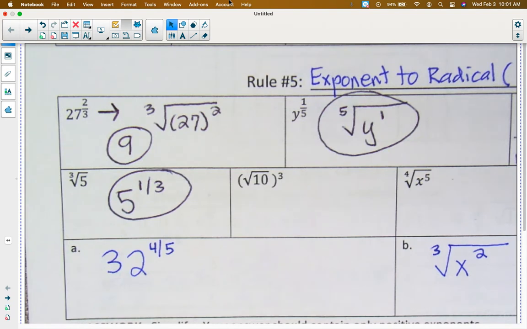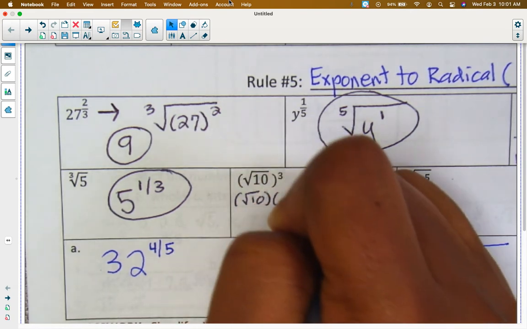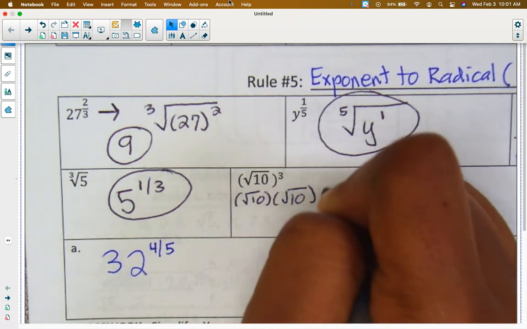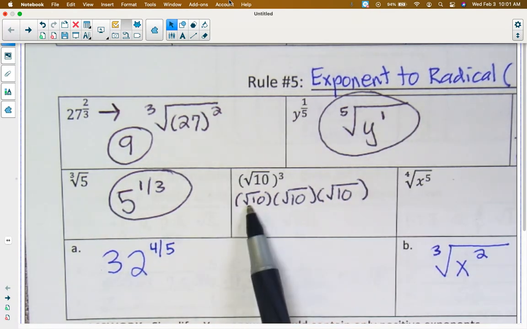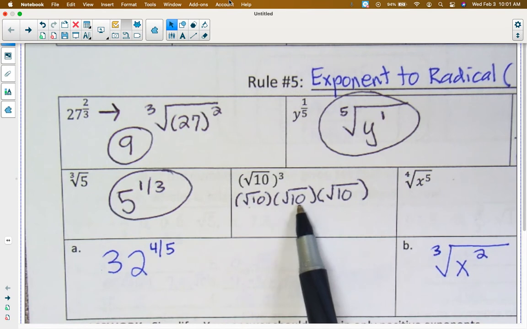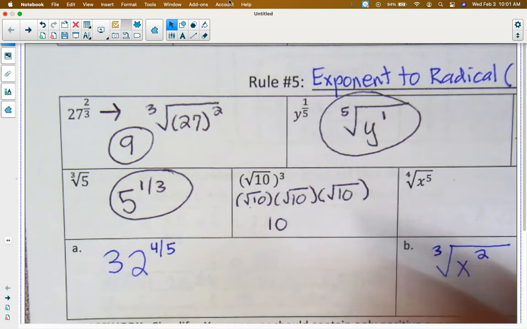Okay, this is asking us to do the square root of 10 to the 3rd power. So we're doing the square root of 10 times the square root of 10 times the square root of 10. Let me write this out.